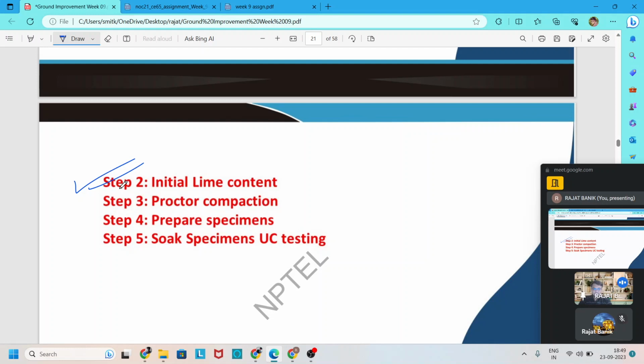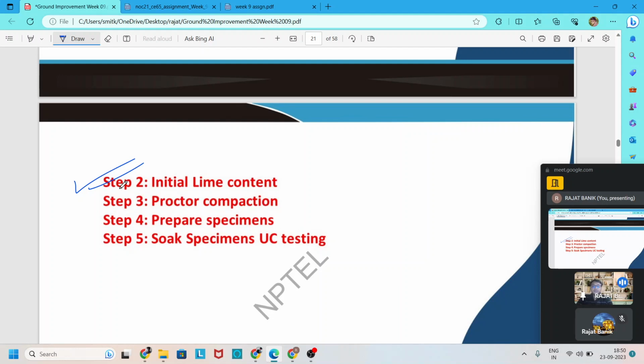After applying and compacting the lime, we prepare a specimen from the stabilized ground, and this specimen is tested in different ways to give an idea whether this lime stabilization achieves our goal, whether it improves our targeted strength or not.